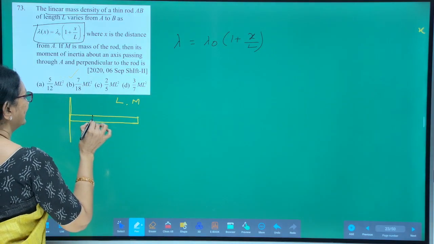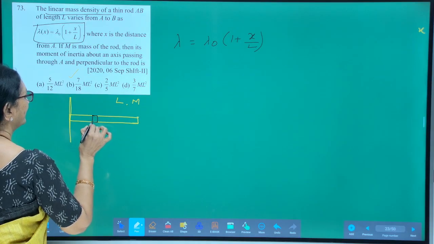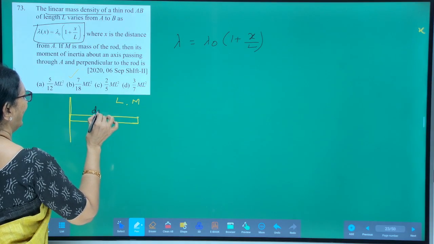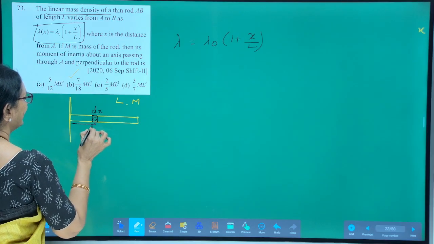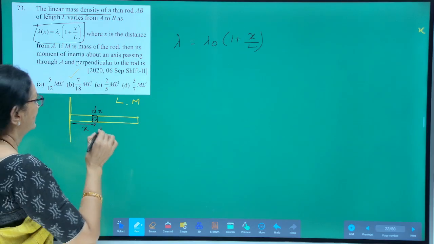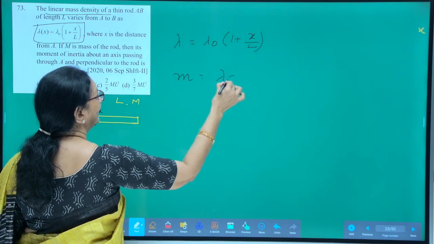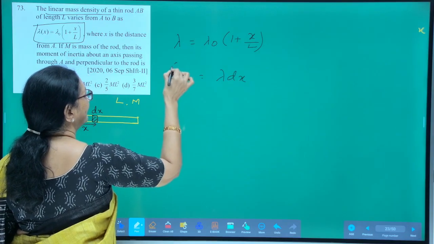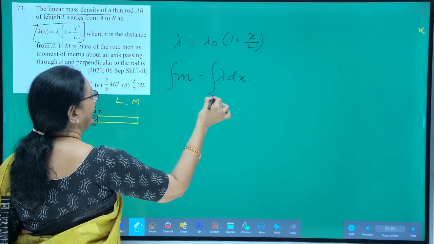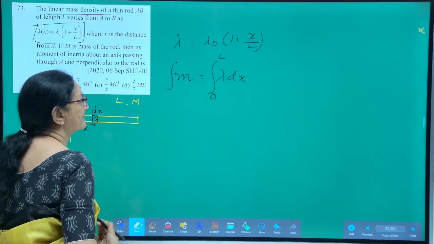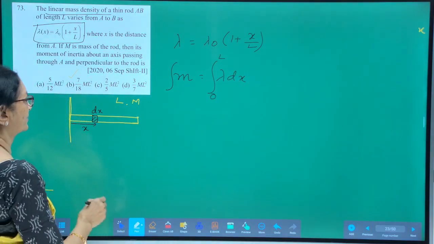Now, consider a small element of thickness dx at a distance x from this end. So, the mass of that element will be lambda dx. The mass of the entire rod will be the integral of lambda dx from 0 to L.